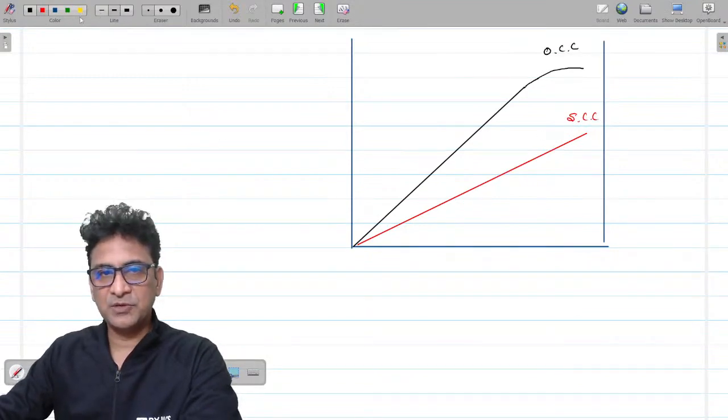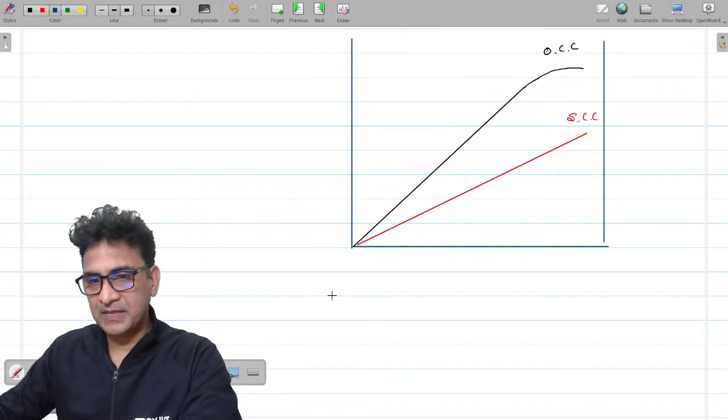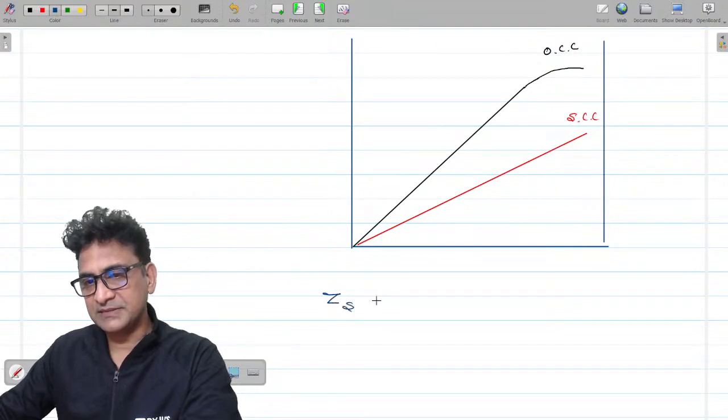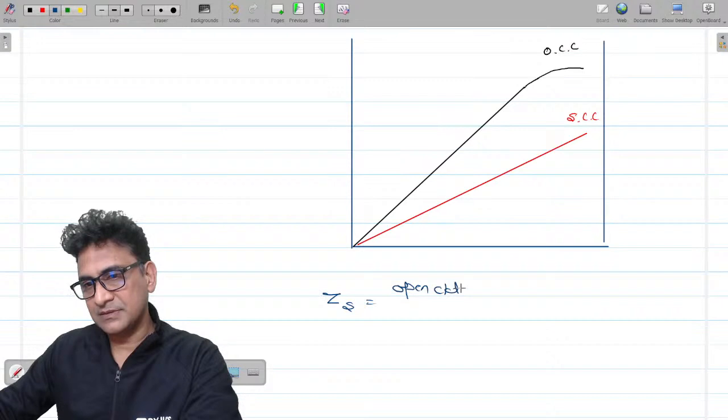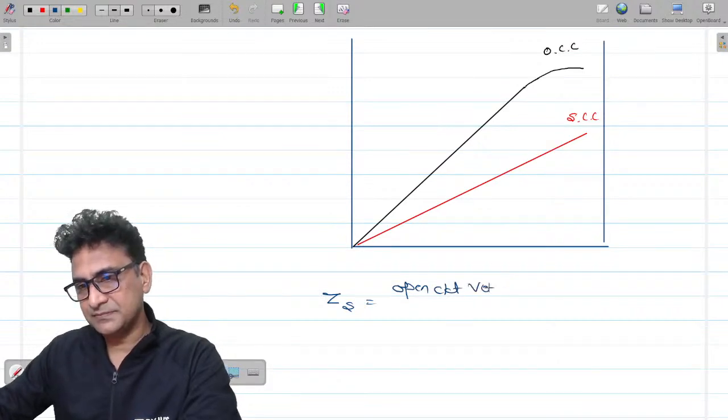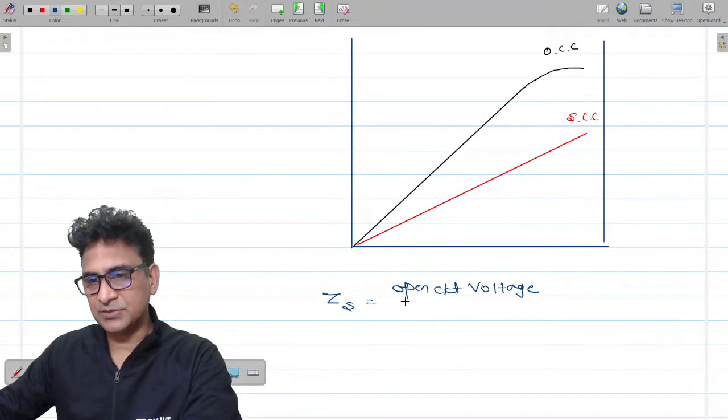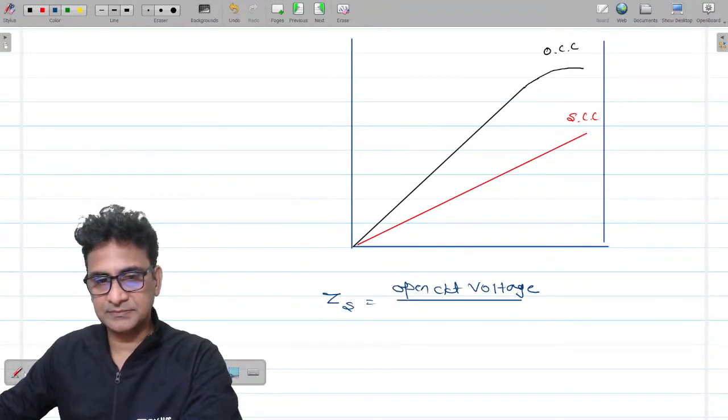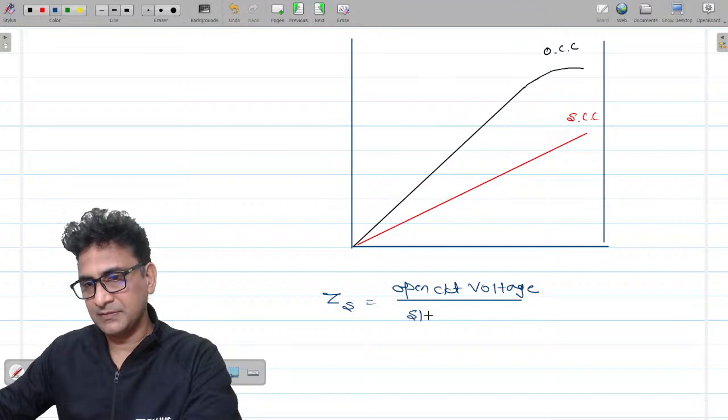So what is the formula to calculate the value of ZS? The formula is open circuit voltage, that means EF, divided by short circuit current.